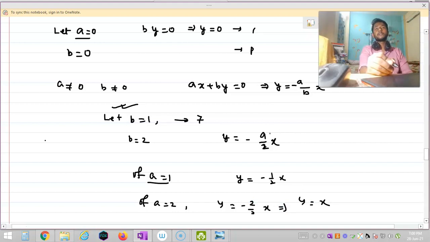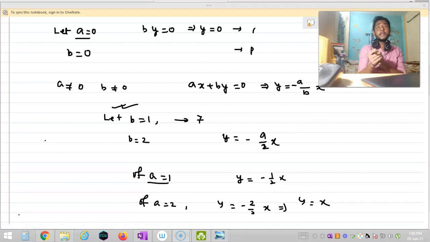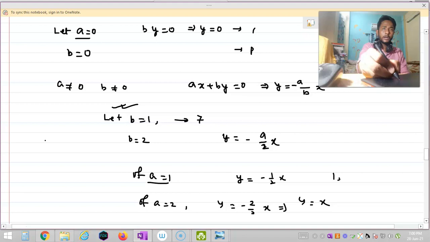So how many possibilities are there? The possibilities are the numbers belonging to 1 to 7 and coprime to 2. So the numbers are 1, 3, 5, 7. These 4 numbers are coprime to 2. Hence there are 4 possibilities.